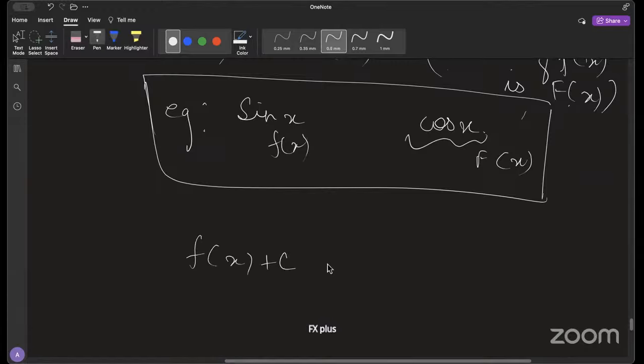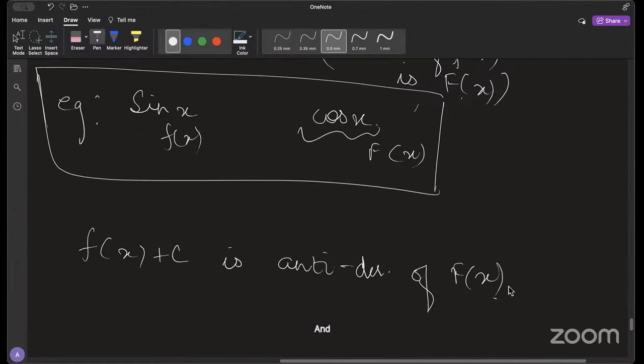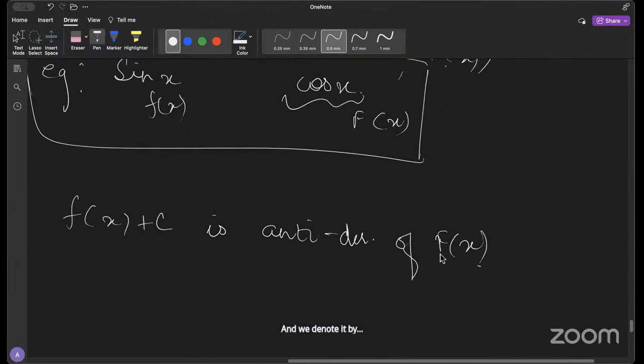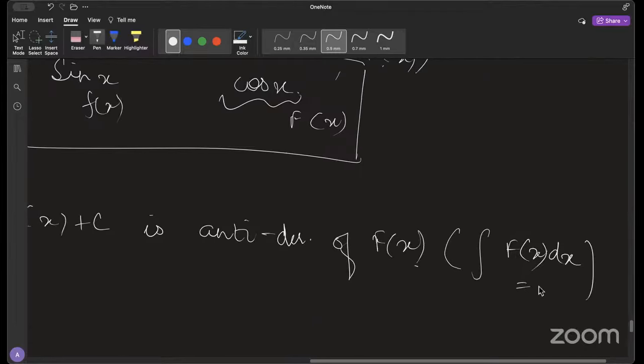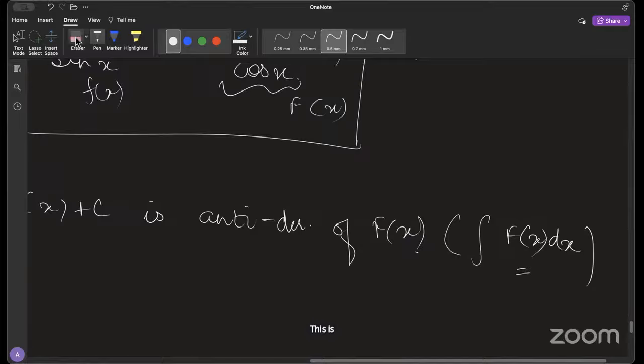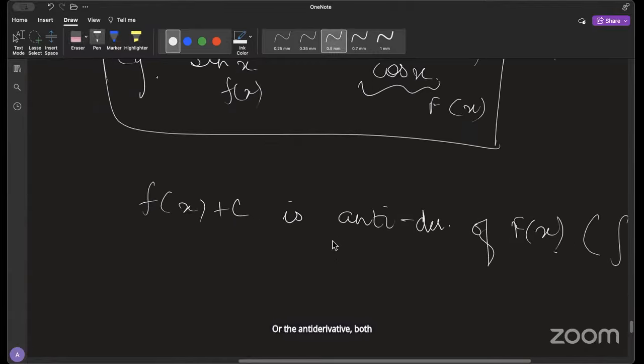We denote the antiderivative of capital F(x) by this thing. It's also called the indefinite integral. This is called the indefinite integral or the antiderivative. Both are correct.